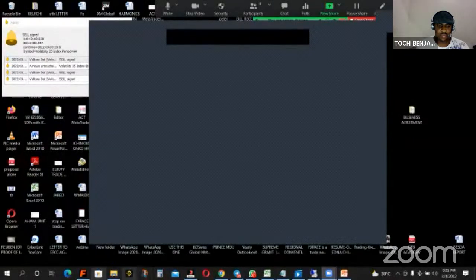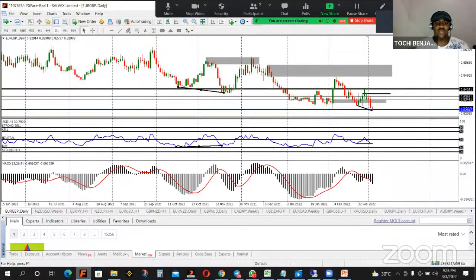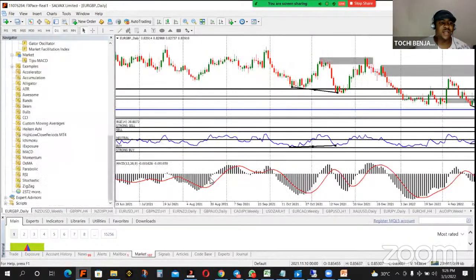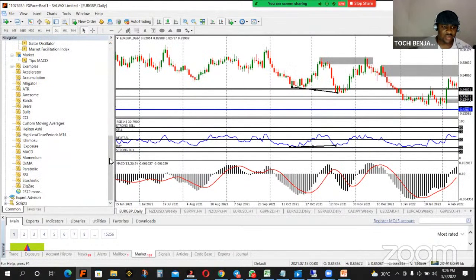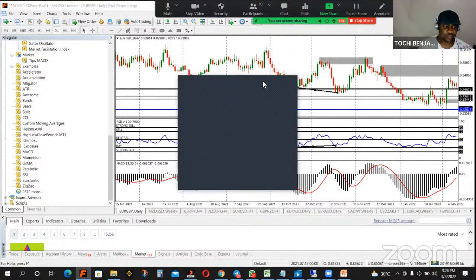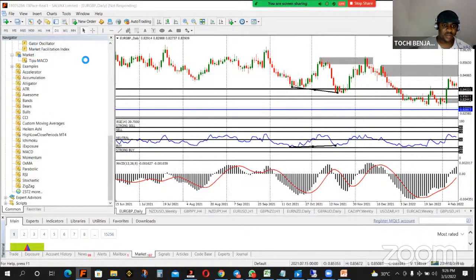Okay, let's continue, let me finish my story. This is the MACD, but ordinarily I have another one, which is called triple MACD. Now, in triple MACD, let me bring it out. I'll tell you how I got it.